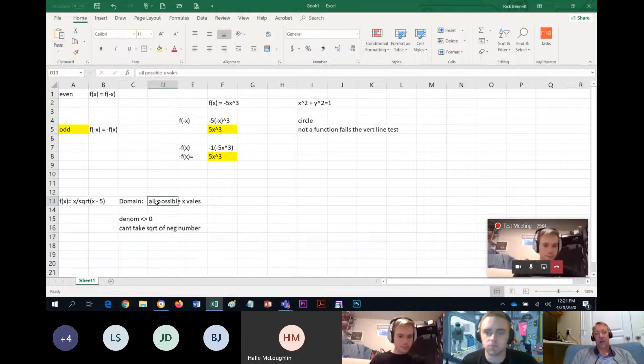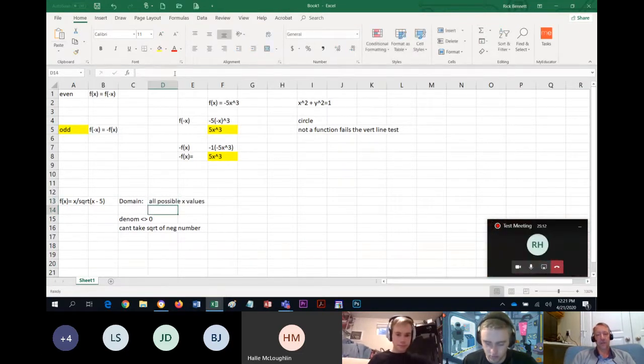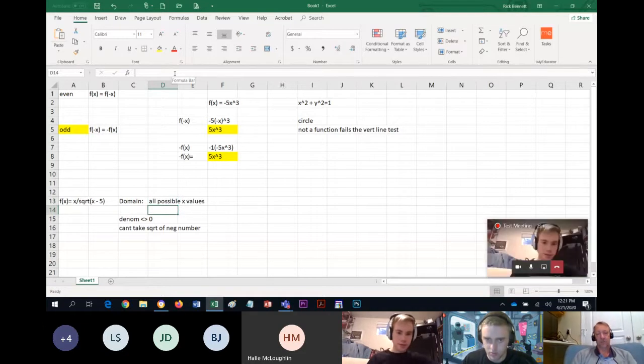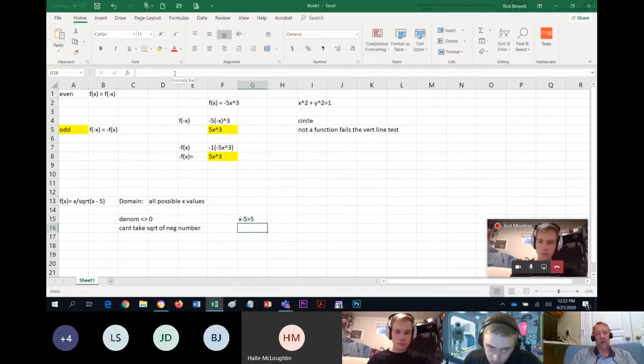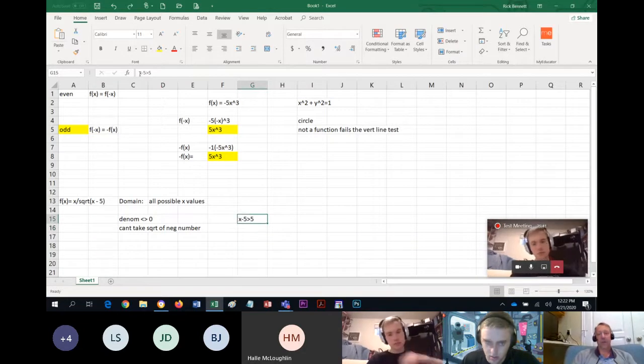So how could we write that as all possible x values? X is greater than 5. Can it equal 5? Can I change this to x minus 5 can be greater than or equal to 5? No, because then it would equal 0. So it's got to be strictly greater than 5.